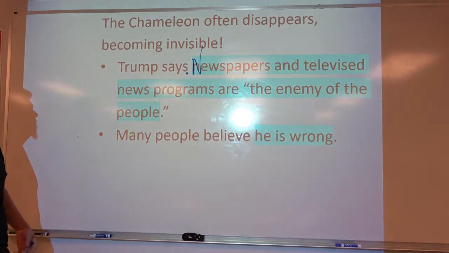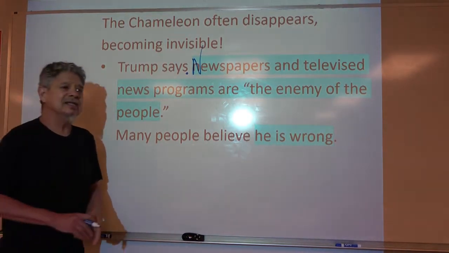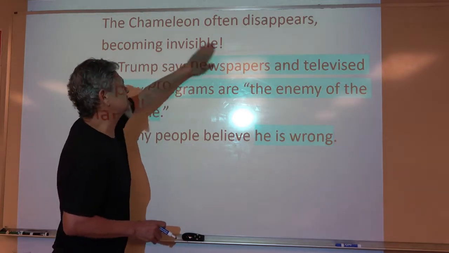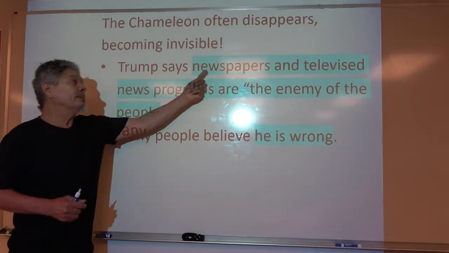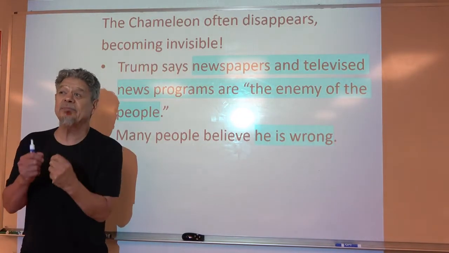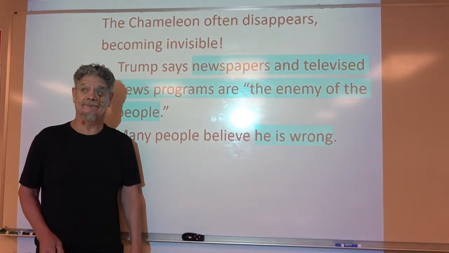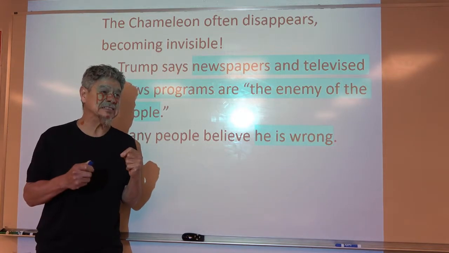Newspapers and televised news programs are the enemy of the people. But that's not what this sentence really says. Because to have 2 independent clauses next to each other with nothing in between them, that's a big mistake. That's called a fused sentence.